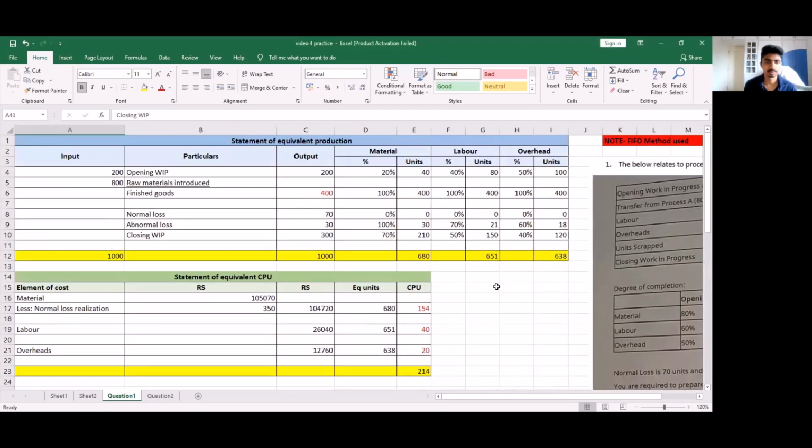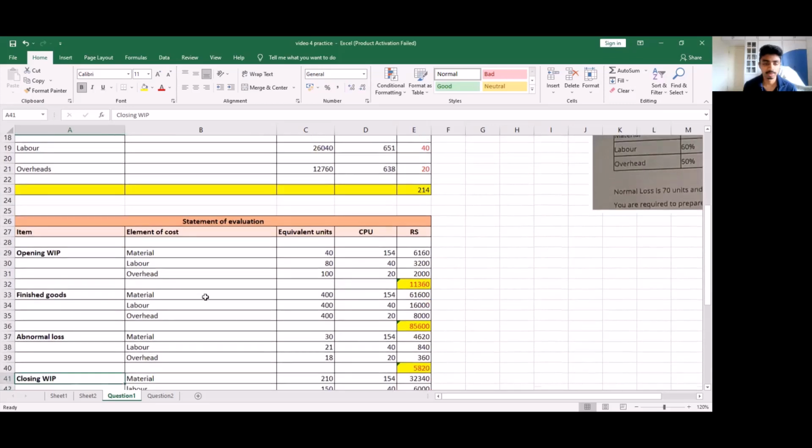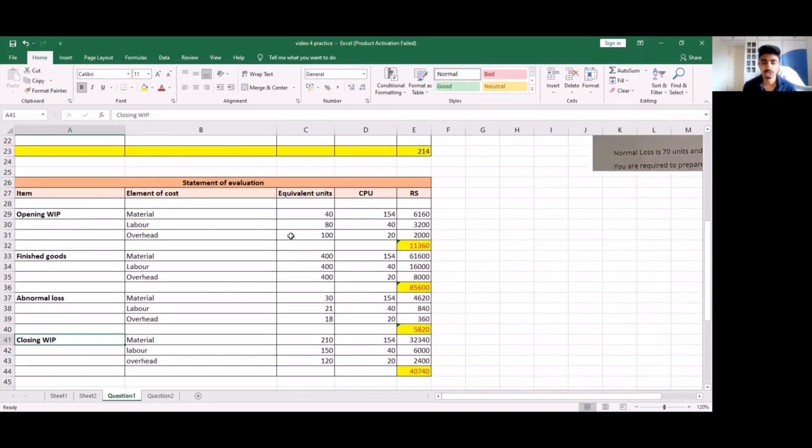So first, we prepared a statement of equivalent production in which we calculated the equivalent production for materials, labor, and overheads. Next, we prepared the statement of equivalent cost per unit where we found the cost per unit for the three parts of the processes: materials, labor, and overheads. Third, we prepared statement of evaluation where we found the value of certain elements.